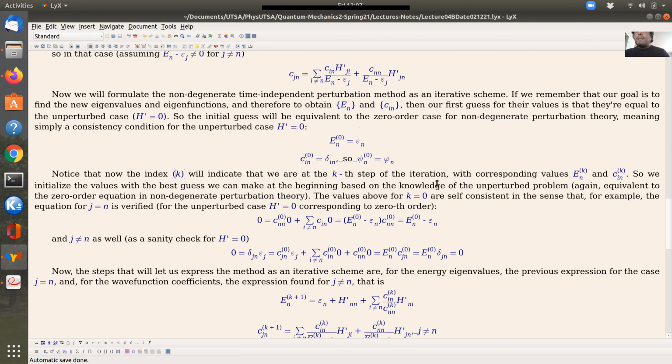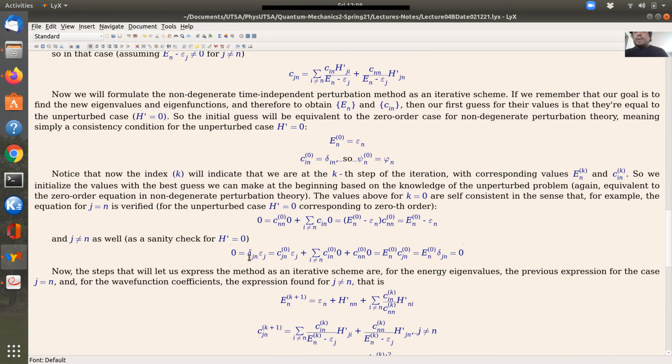Here I'm just presenting a simple proof that this is equivalent to zeroth order perturbation theory. This is equal because essentially h prime is equal to 0 at this level, and so many terms vanish. On this side, everything vanishes by h prime equal to 0, which tells you that the new eigenvalue at order 0, which is the initial guess, is equal to the old eigenvalue.